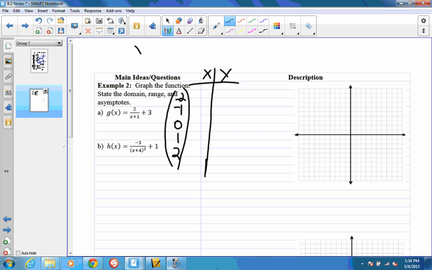So up here, I had y equals a over x plus or minus h plus or minus k, right? I looked at h. So what did I do with h in order to change my numbers?